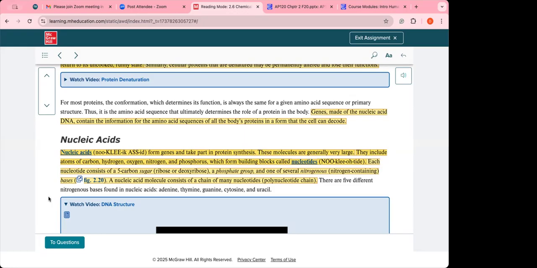Okay, so genes contain the information for the amino acid sequence. Let's go back to the question.